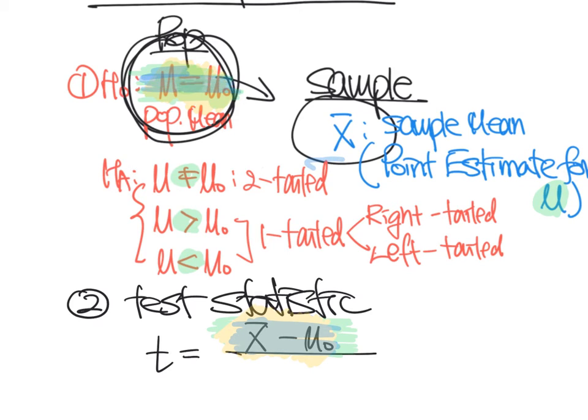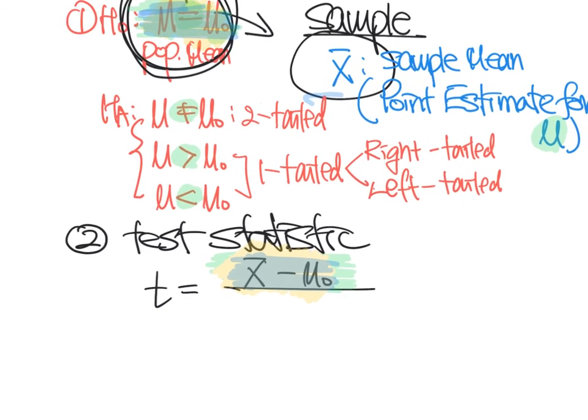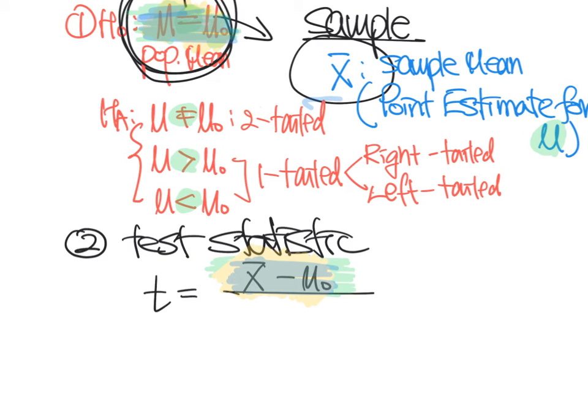We can compare the unknown population mean and the initial setting value. So the test statistic is not only the difference between the two values, but also we have to do the division by s over square root of n. Always the test statistic is kind of a ratio.